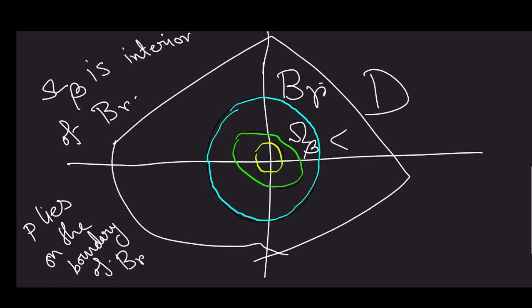At this point, what you will have is Vp greater than or equal to alpha, which is greater than beta.